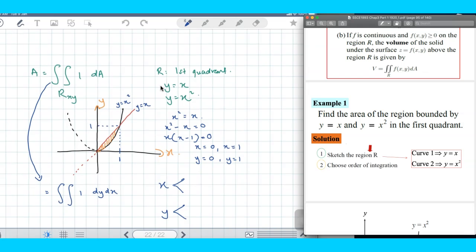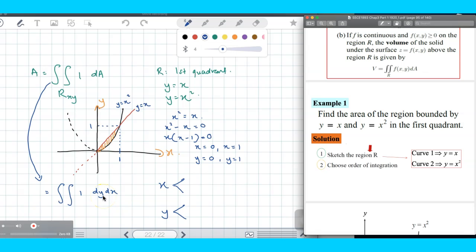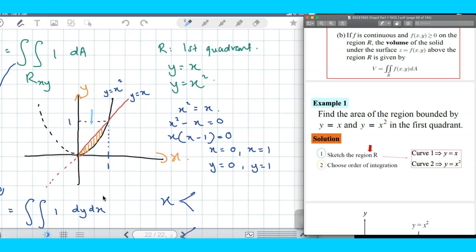Since you decided to have dy dx, you should draw a vertical line that will guide you to determine the correct limits. As you can see, this line lies between x equal to 0 and x equal to 1. How about y?